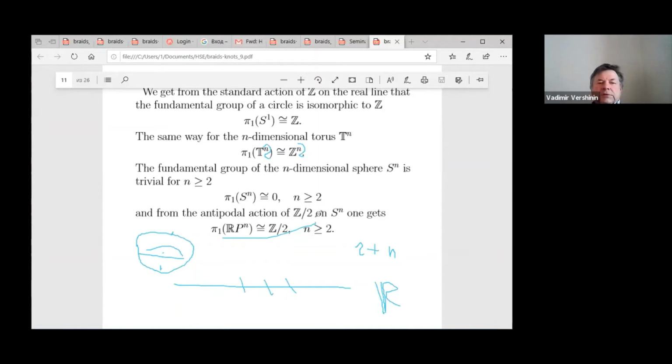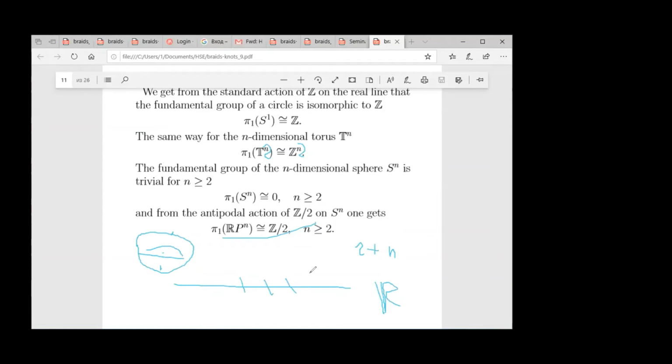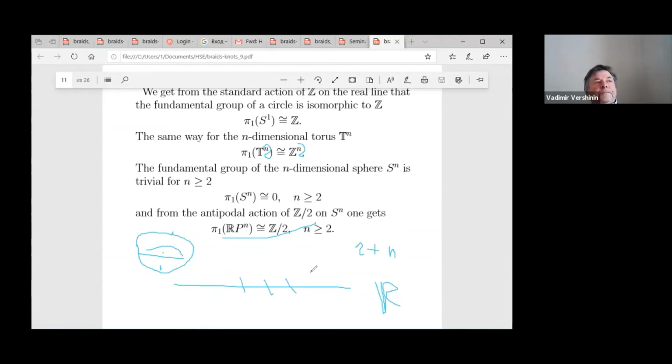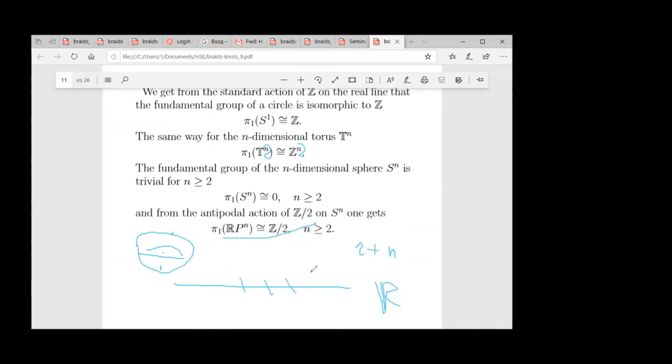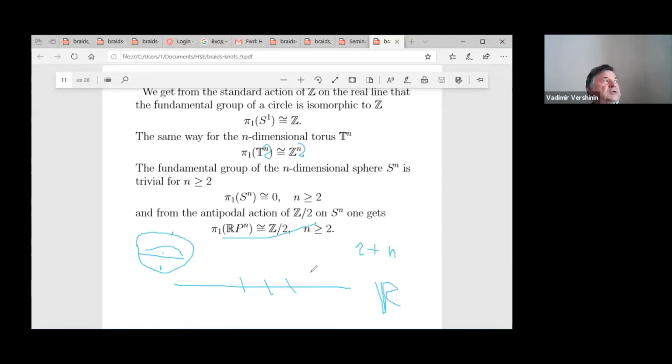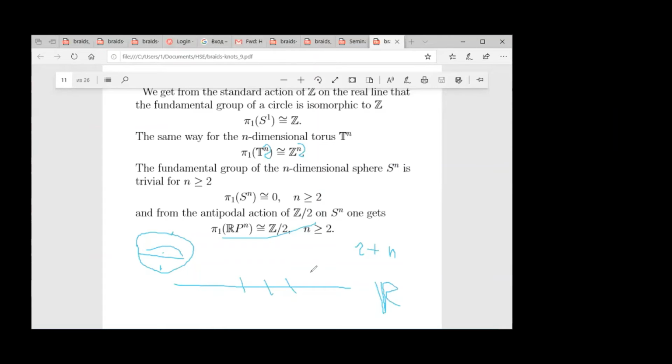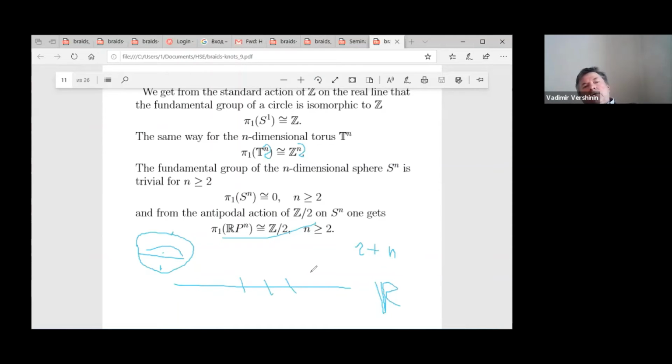By the way, what is the Euler characteristic of the projective plane? Minus 1, no? Why minus? We have one cell in dimension 0, one cell in dimension 1, and one cell in dimension 2. Right. So it means 1 minus 1 plus 1. Oh yeah, sorry. Yes, 1. So also you can calculate this way.